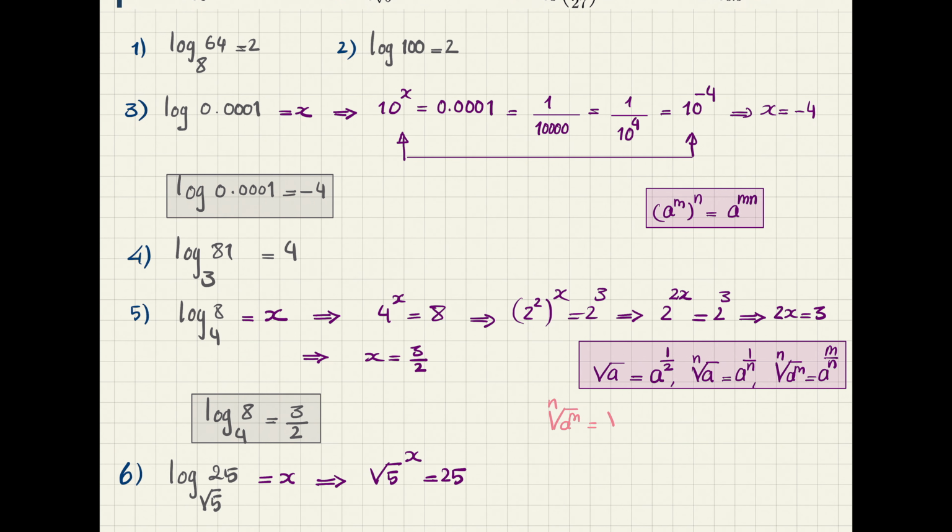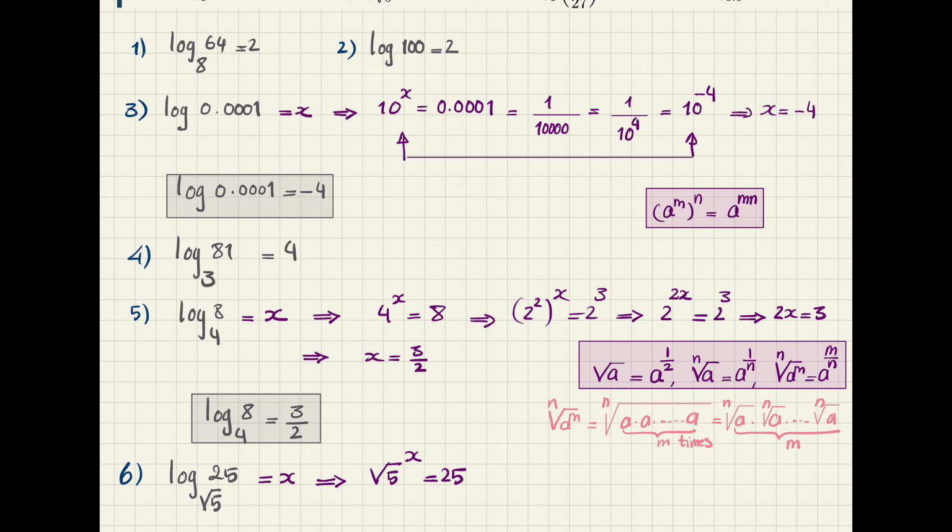So this becomes the nth root of a times, for example, a times up to a, m times. But then we can write it as the nth root of the first one multiplied by the nth root of the second one up to multiplied by the nth root of the last one. How many times? Again, m times.